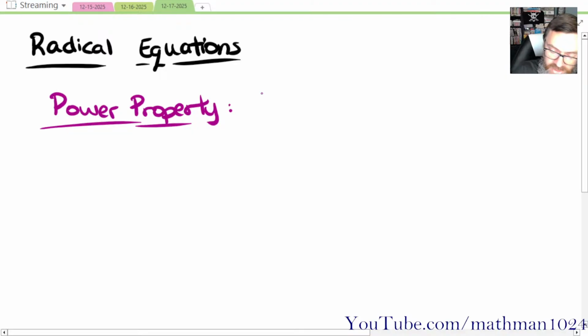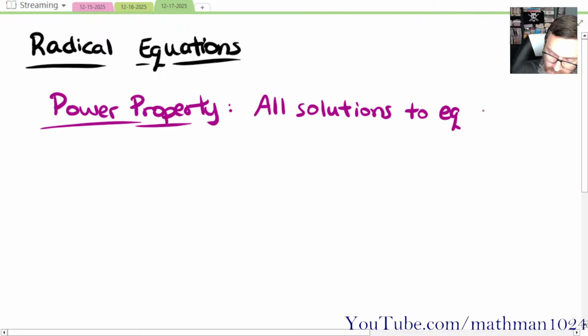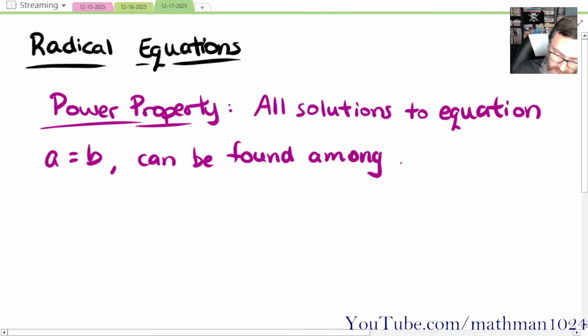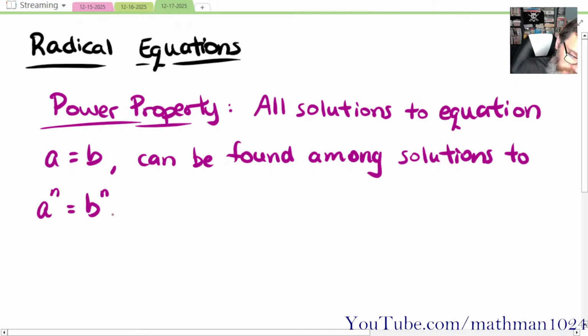And the power property says this. It says all solutions to the equation A equals B can be found among solutions to the equation A to the n equals B to the n.